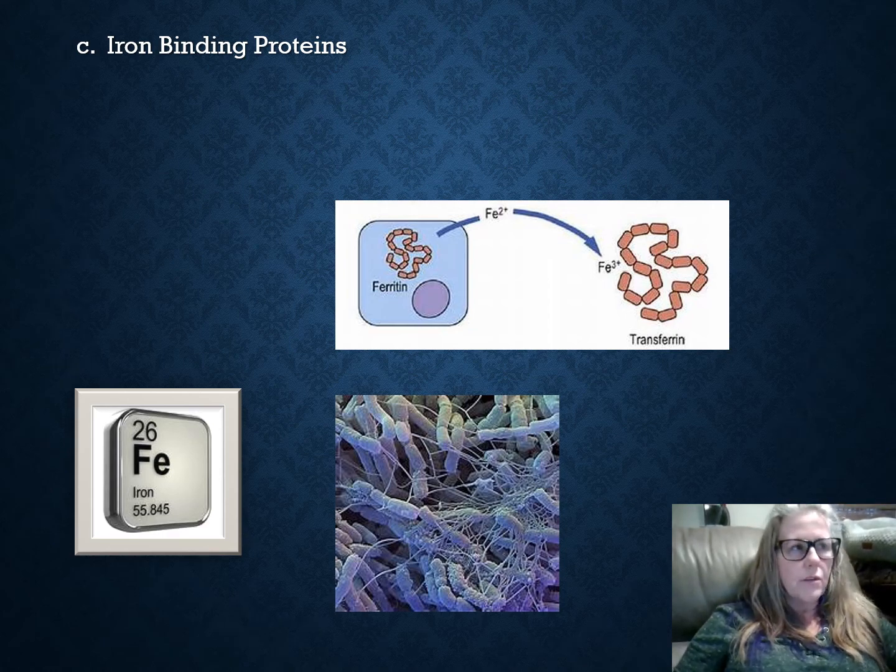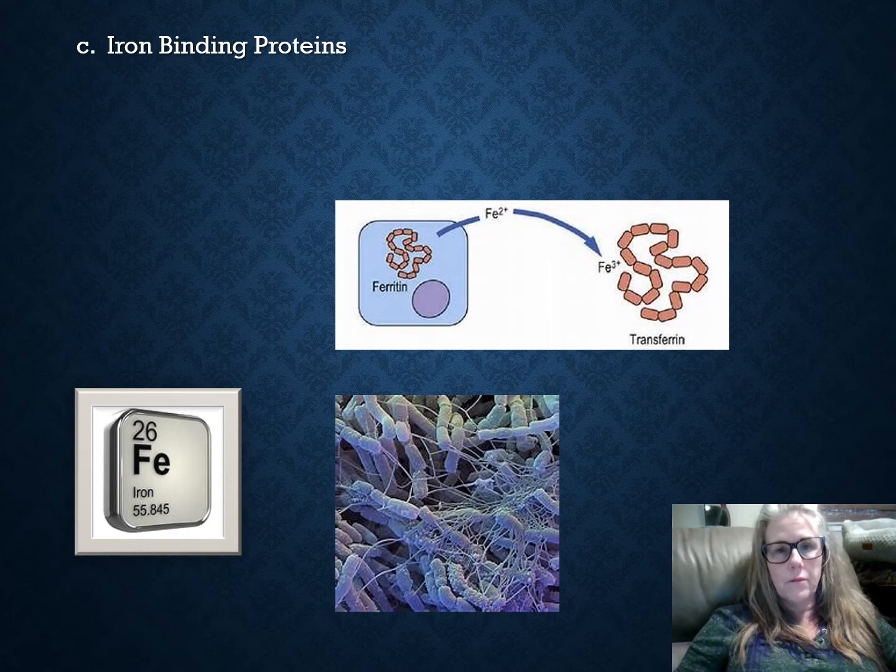So what does this have to do with natural resistance? Well, bacteria, for one, which is a pathogen, needs free-floating iron in order to stay alive. So if our body can increase the amount of iron-binding proteins and decrease the amount of free-floating iron, we are sequestering it away from any bacteria that could pose a problem for us.